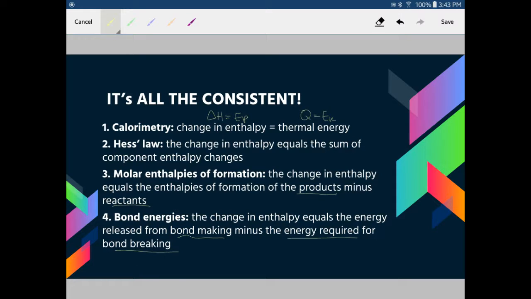Again, conservation of energy, and any energy released from bond making is subtracted from the energy required for bond breaking to look at our total energies. So we are always looking at a net enthalpy change, which is all based on the conservation of energy. Remember, we can't magically lose or disappear energy. We can change forms, but it's never destroyed.